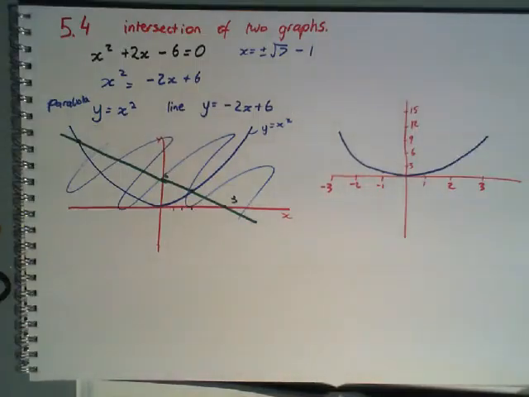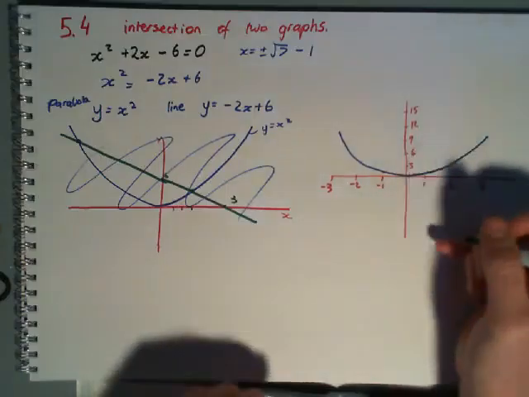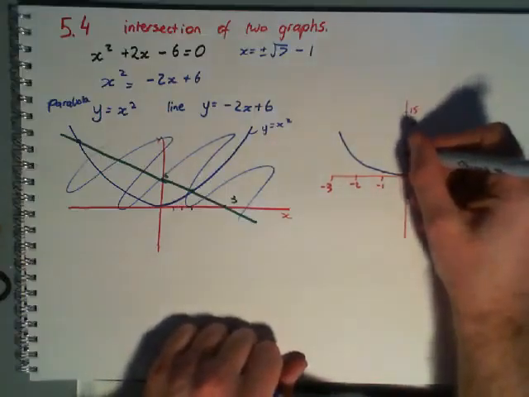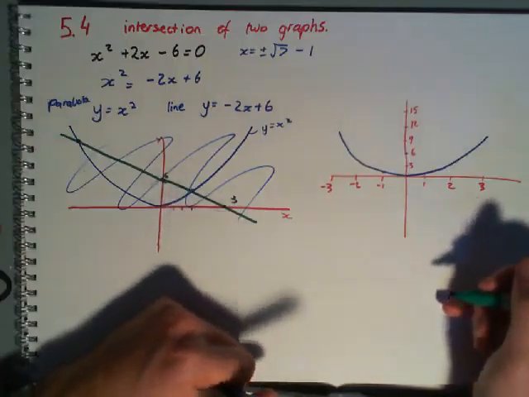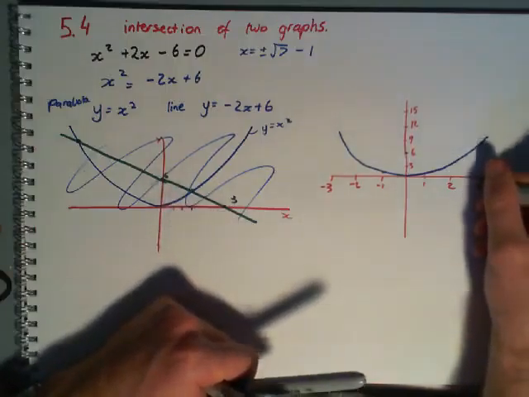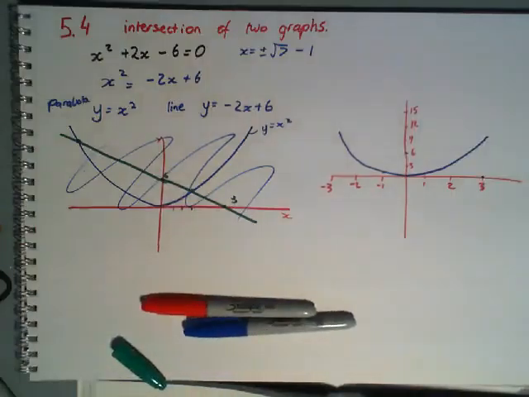Now our negative 2x plus 6 goes through the point at 6. Now we have an x-intercept at 3. So drawing a straight line between them.